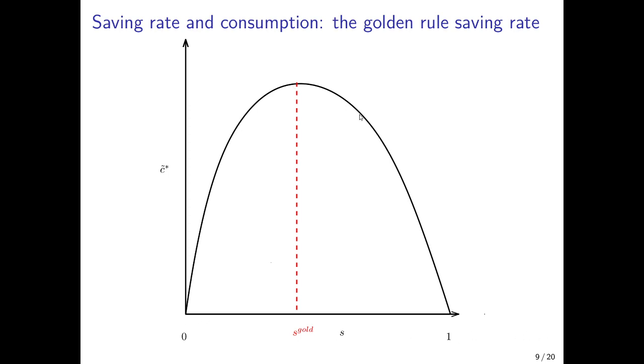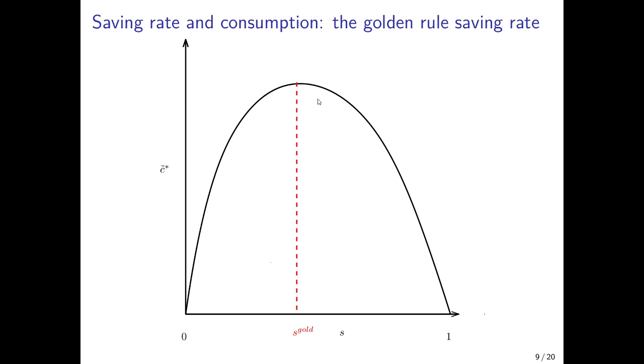The reason that it looks like it is drawn here is that the production function is concave, and the depreciation and dilution line is linear, which means that the first additional unit of capital increases output quite strongly. So the increase here is quite strong.